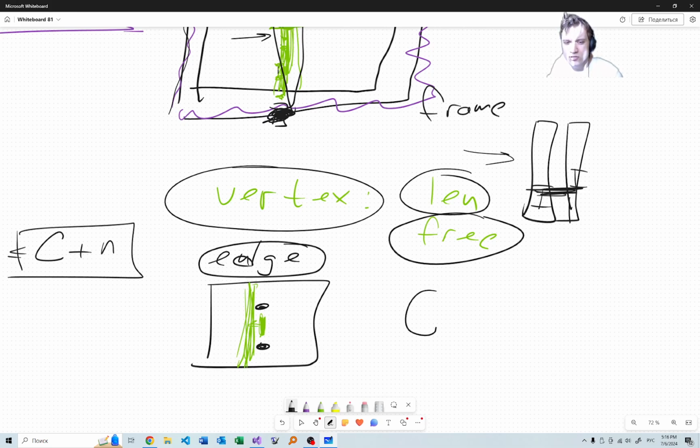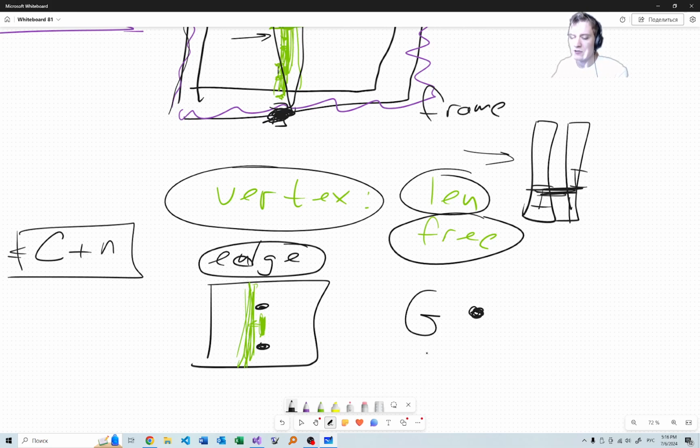So we construct our graph in which some of the vertices are initially free and some of them are possibly free, possibly not. We need to understand it by some sort of DFS. So you run a DFS in this graph, you find all connected components.